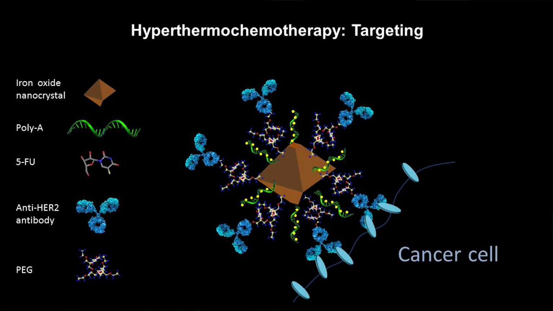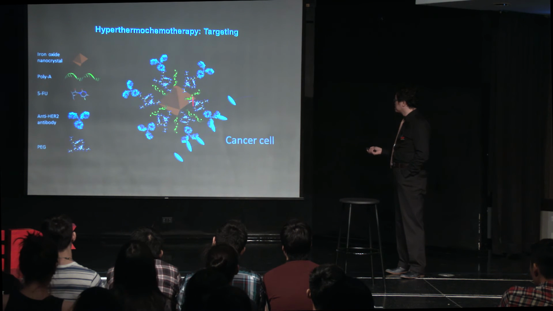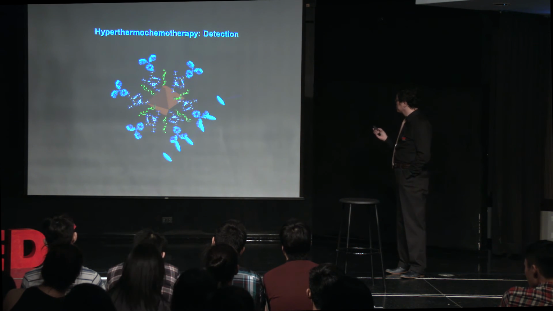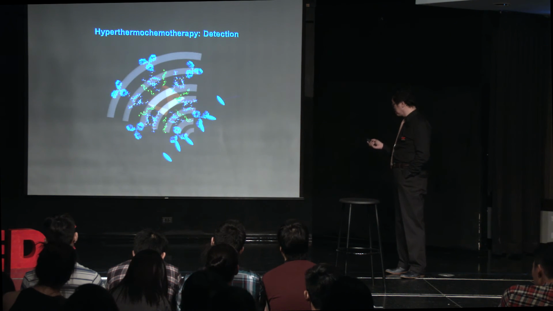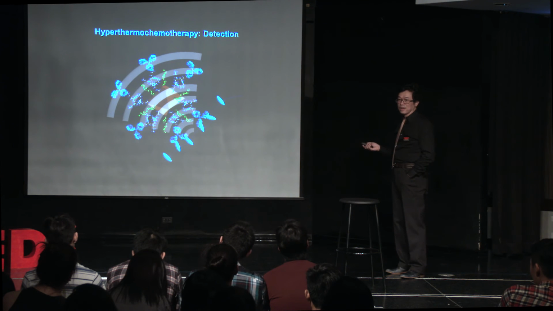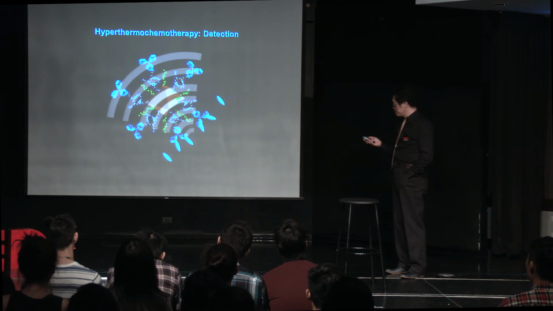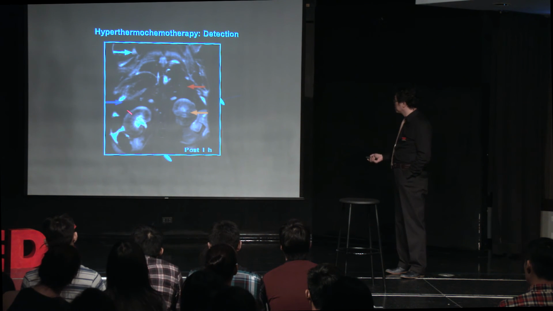For example, you can design even more complex particles like this, with a targeting antibody, with a polymer to carry drugs, with a core of iron oxide particles, so that when you shine electromagnetic waves, it gives a response that can be picked up by an MRI sensor, so that you make beautiful MRI contrast imaging.